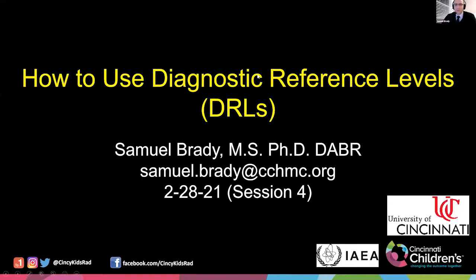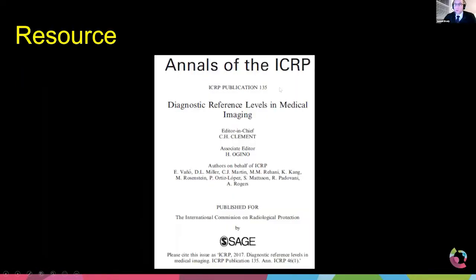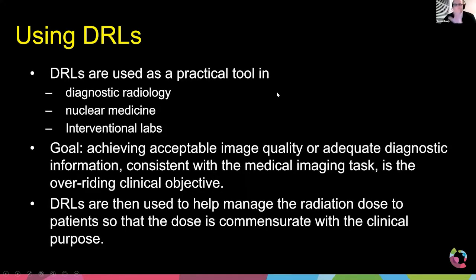We're not going to get into the detail of all of her data, but I have some suggestions and ideas as I've read through the data. Once again, my talk is based on ICRP Publication 135, so I hope to summarize the usage of DRLs that the document discusses and details.